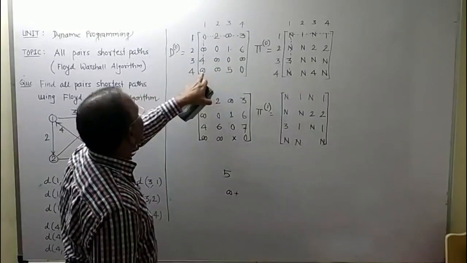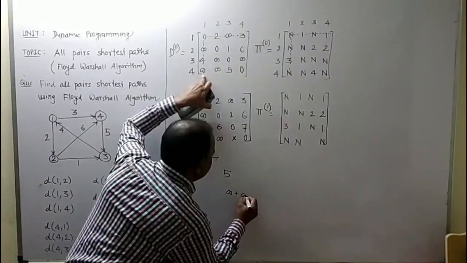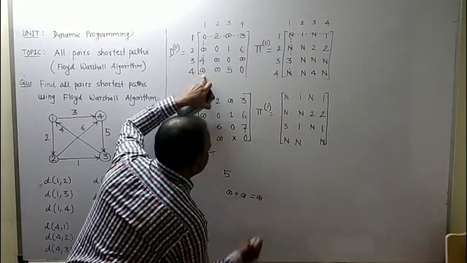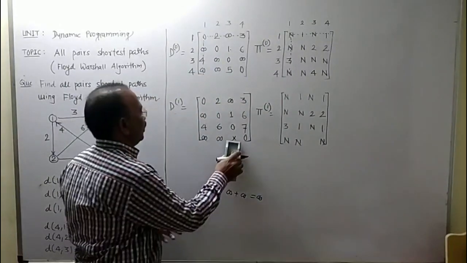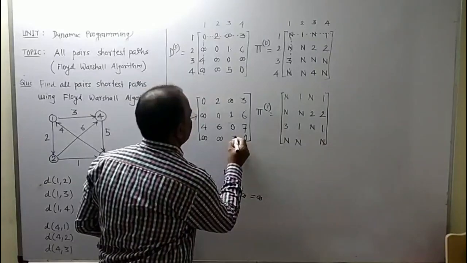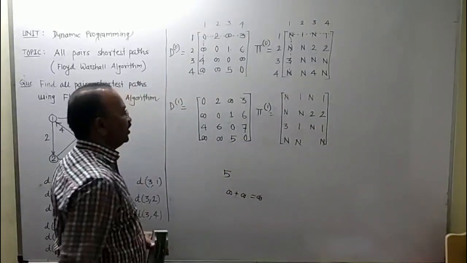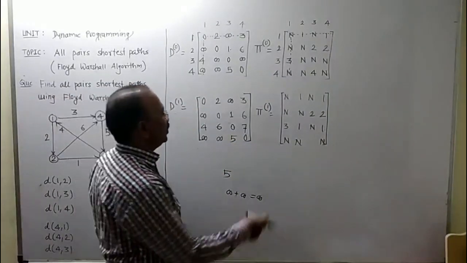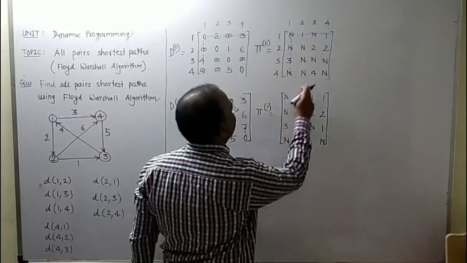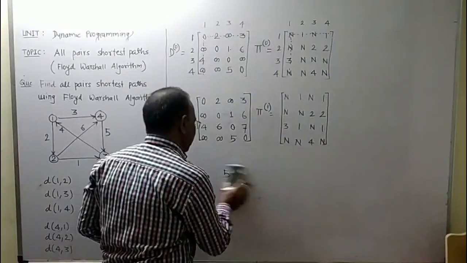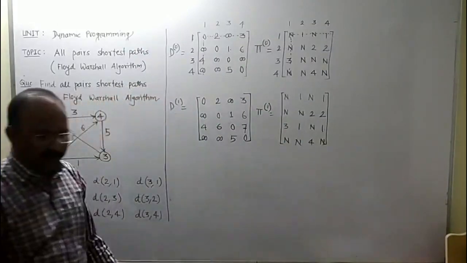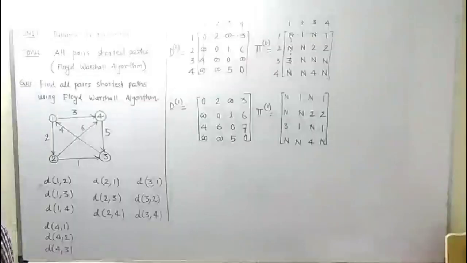Then go left, here you will get infinity. So which one is the minimum? 5 is the minimum. Means there is no change at this place, so there will not be change in pi 1. 4 will come. In this way, D1 and pi 1 matrices are constructed.